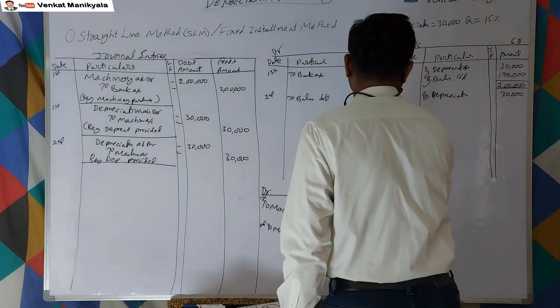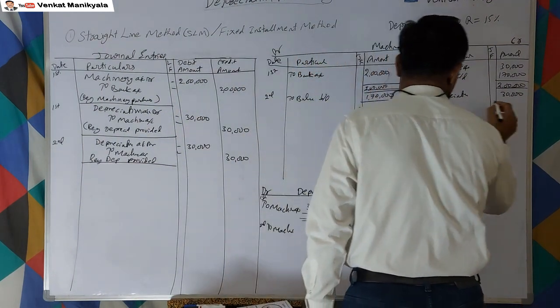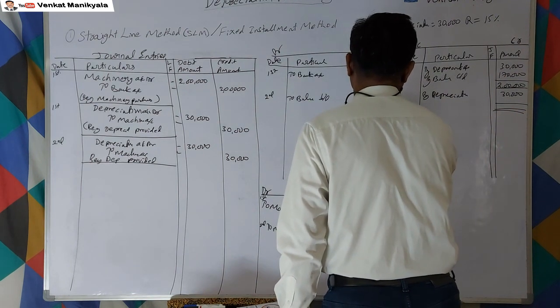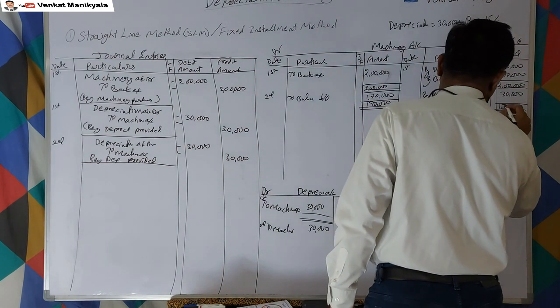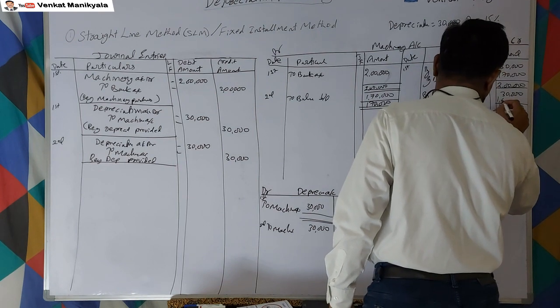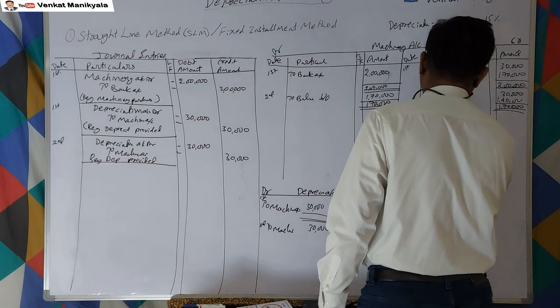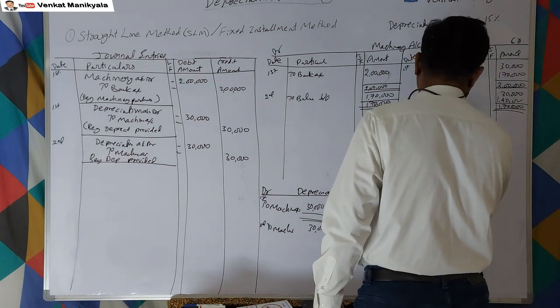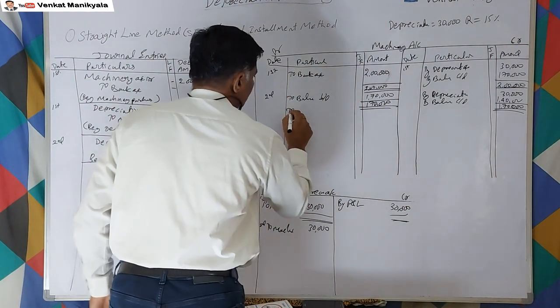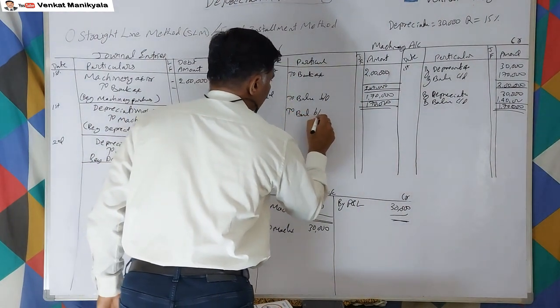Again, in the second year, we have to close this. 1,70,000 is the debit, credit also 1,70,000, the balance is 1,40,000, by balance carried down to balance brought down.